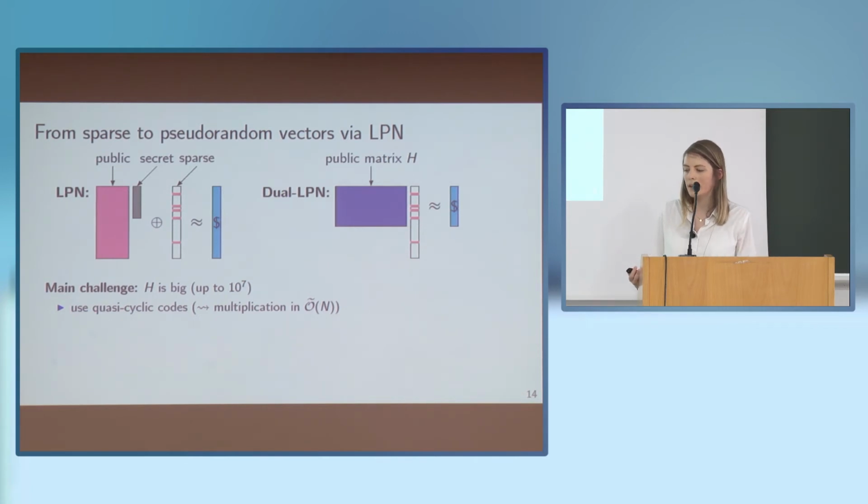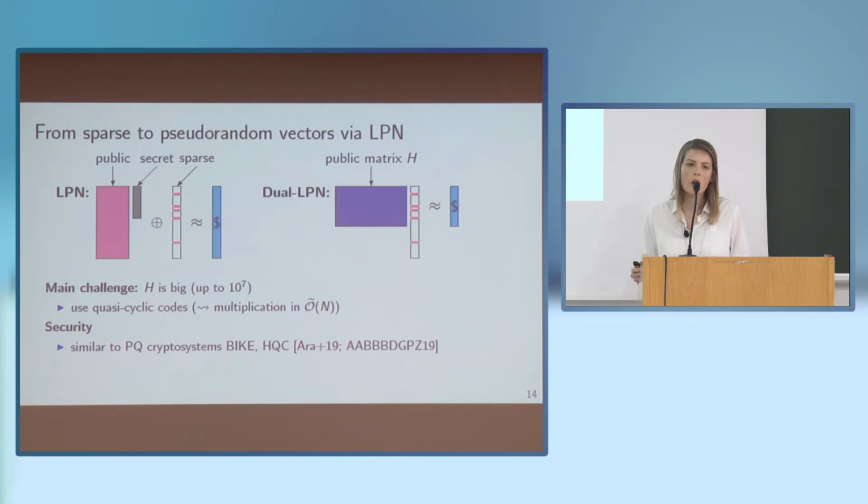One way to deal with it is choosing H as the parity check matrix of a quasi-cyclic code, and then you get a multiplication in O tilde of n. Security is similar to post-quantum cryptosystems like BIKE or HQC.